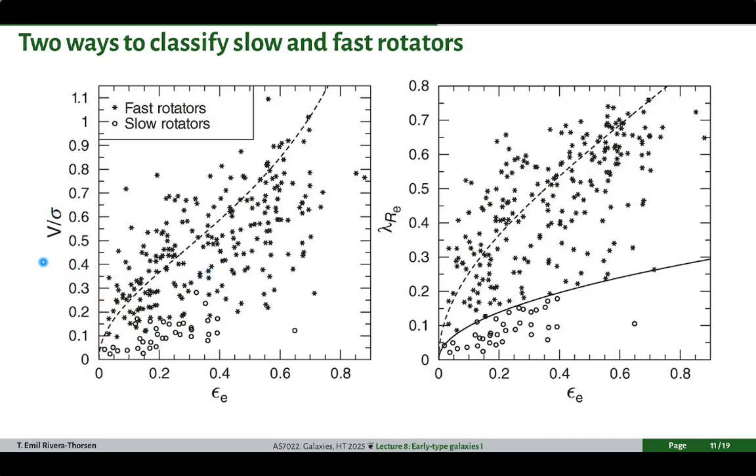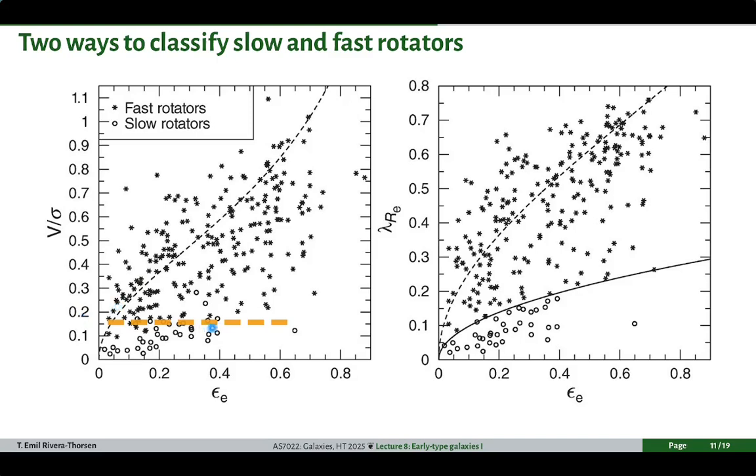Here you can see V over sigma plotted against the ellipticity of a galaxy, and here you can see lambda RE plotted again against the ellipticity of such a galaxy. And here you can see that we have a separation between fast rotators and slow rotators, basically based on the ratio between the rotation velocity and the internal velocity dispersion.